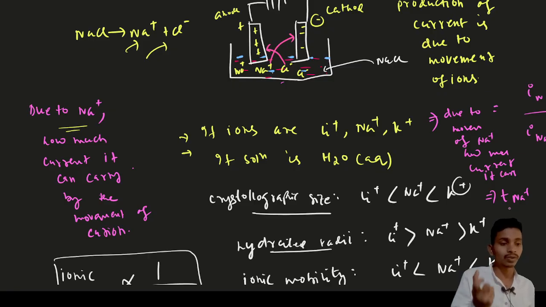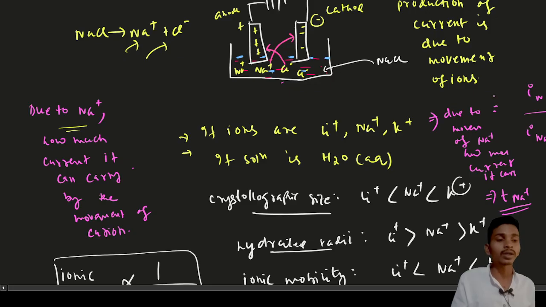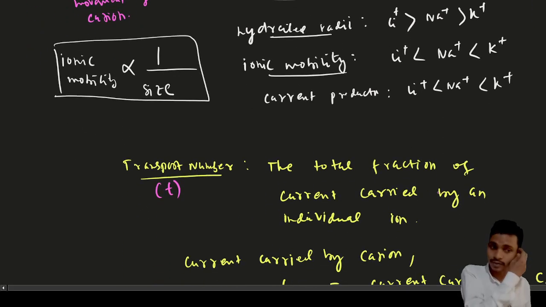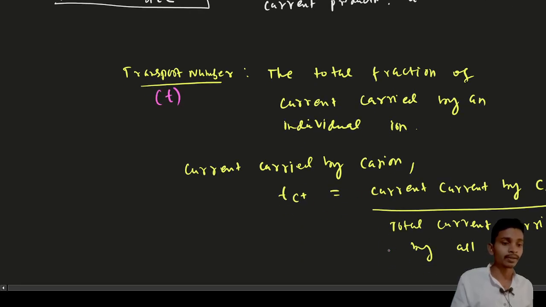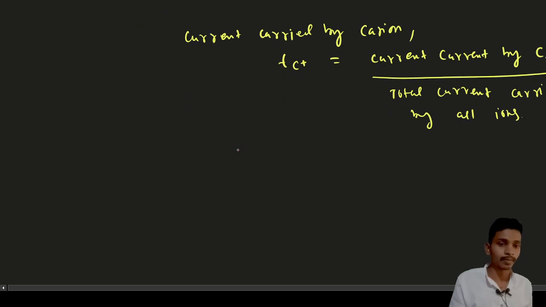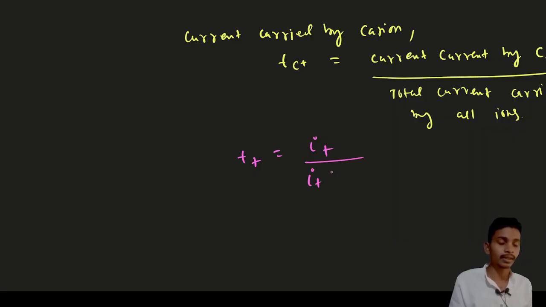So transport number equals the current carried by these cations upon the total current carried by the ions present in the solution. That is the total fraction of current carried by an individual ion. Let's say the cation is positive: then the current carried by the cation upon the current carried by cations plus the current carried by anions is called the transport number.